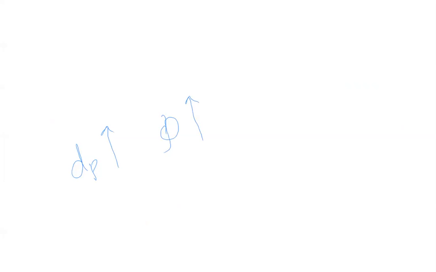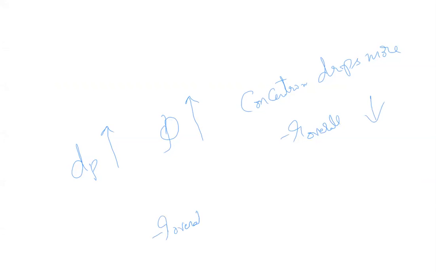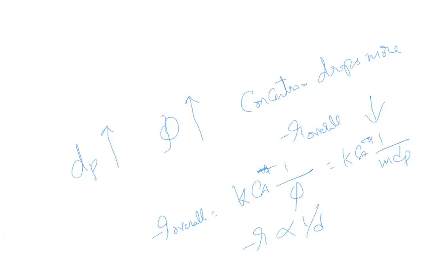If the Thiele modulus increases, the concentration drops more, which means my overall rate decreases. Or else, your rate overall is a function of k into Ca power n into effectiveness factor, which is a function of Thiele modulus. What is the Thiele modulus? It is the square root of k into Ca power n minus 1 over De, into dp. For a first order reaction, my rate is inversely proportional to diameter. That is why in the previous case, if you see, diameter increases by 2 times, my rate decreases.